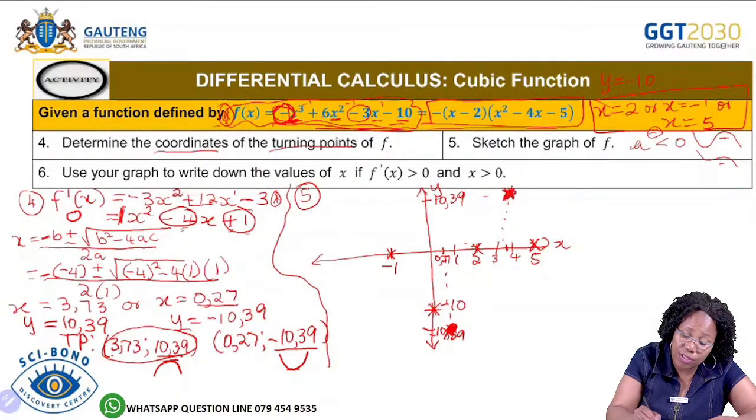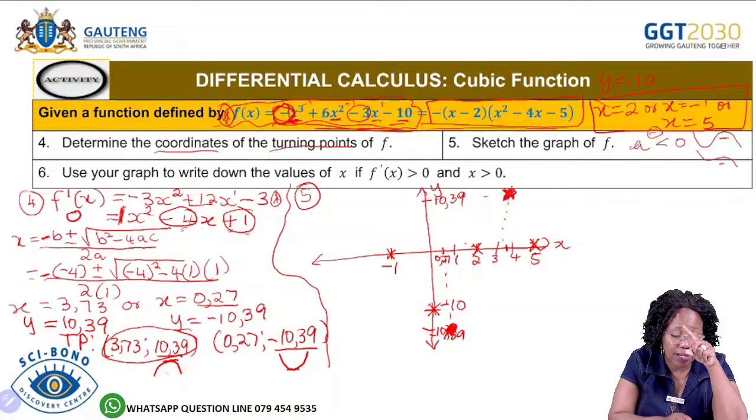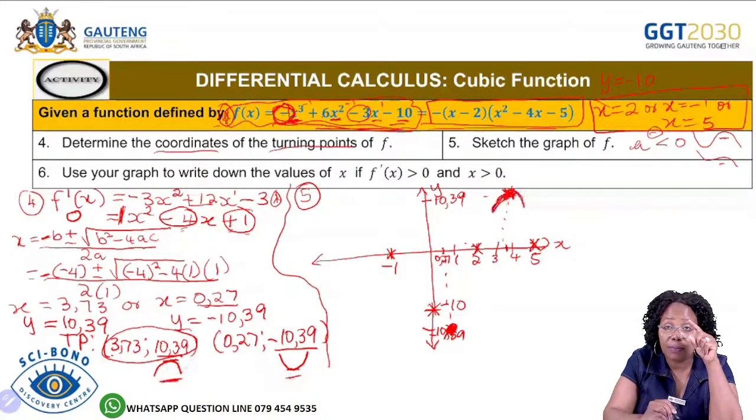And then these are your stationary points. Look at the fact that I've given to you earlier on, that these curves here will assist you to be able to tell how your graph is going to turn. So we have indicated that at 10,39, this is maximum. That means we are expecting this graph to be like that there. Maximum.